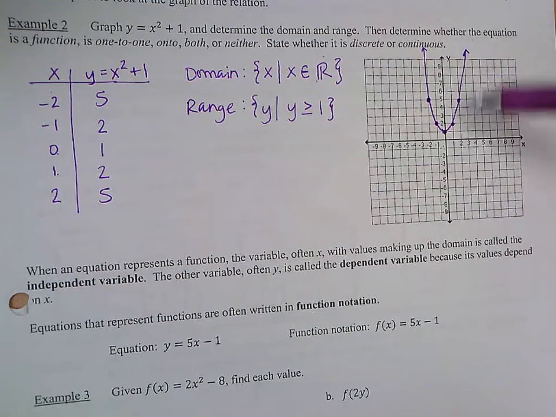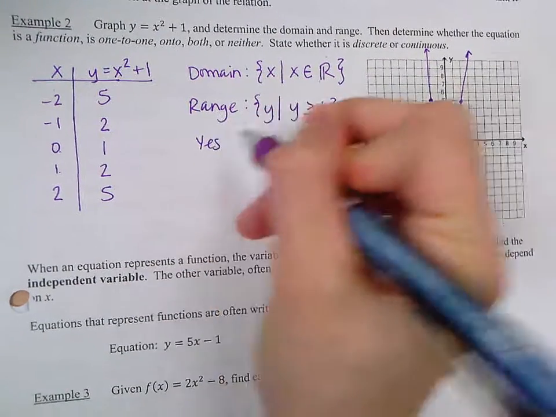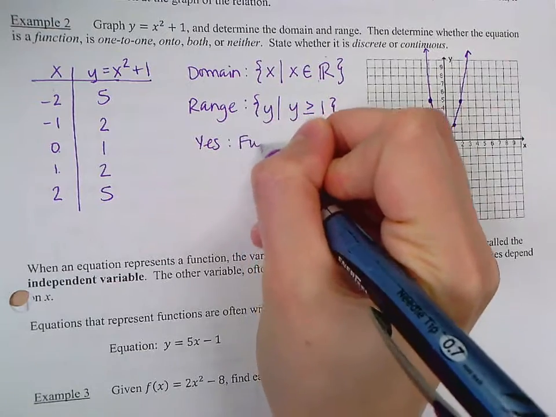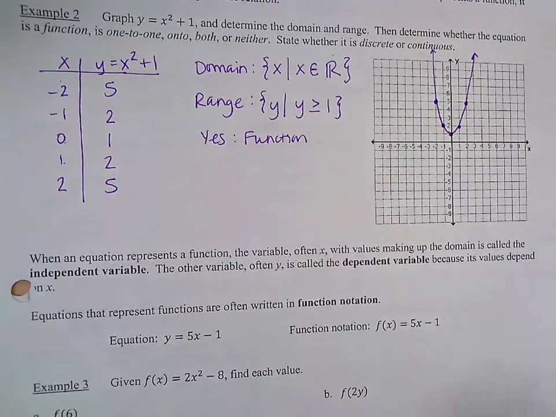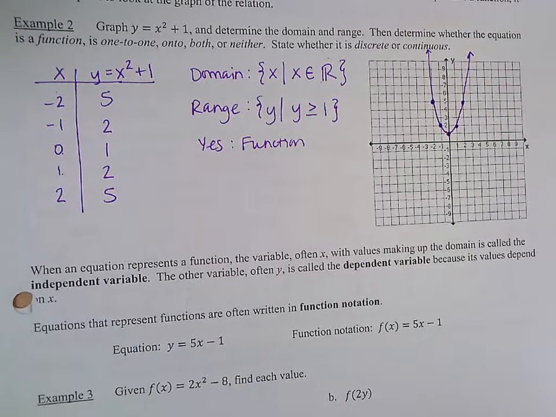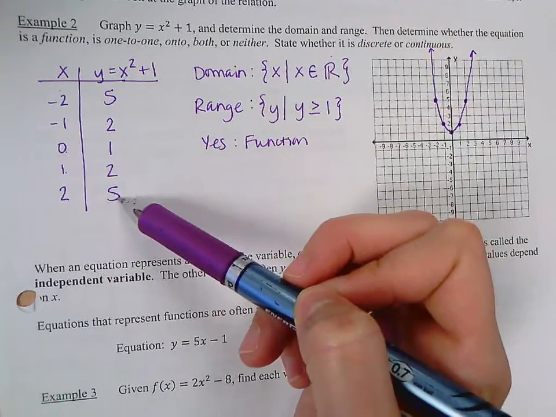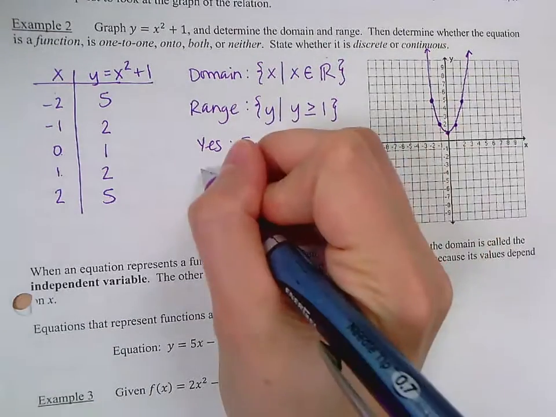Any vertical line would only intersect it once. So I'm just going to put yes, it's a function. So yes, function, or function yes, however you want to notate that. Would you say this is 1-to-1? No. The y values, even look at your table, y values are repeating. So this is not 1-to-1.